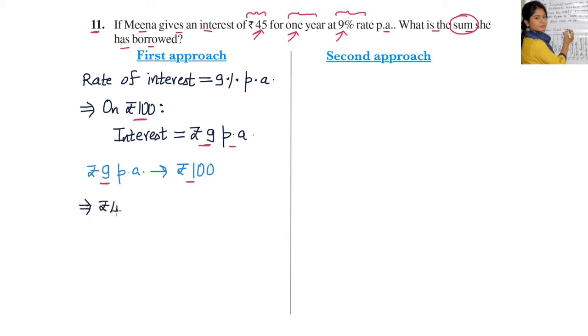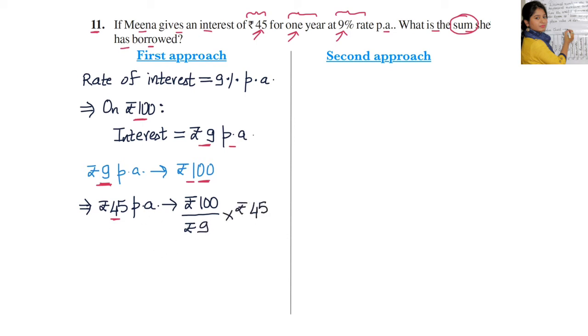So for rupees 45 per year, we copy rupees 100, 9 goes in the denominator, and it will be multiplied by 45 rupees.